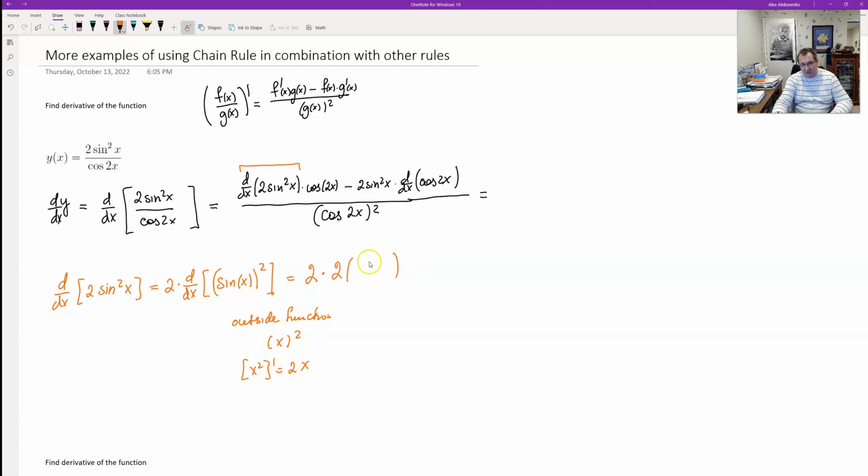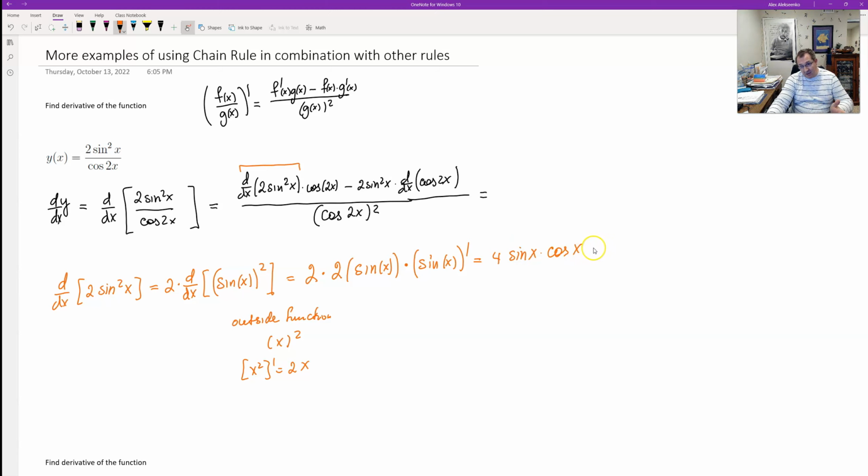Instead of x, I'll put sine of x, so it will be 2 sine of x. And then we need to multiply by the derivative of sine x. Continuing, 2 and 2 combines into 4. Sine x just stays itself, and derivative of sine x is cosine x.